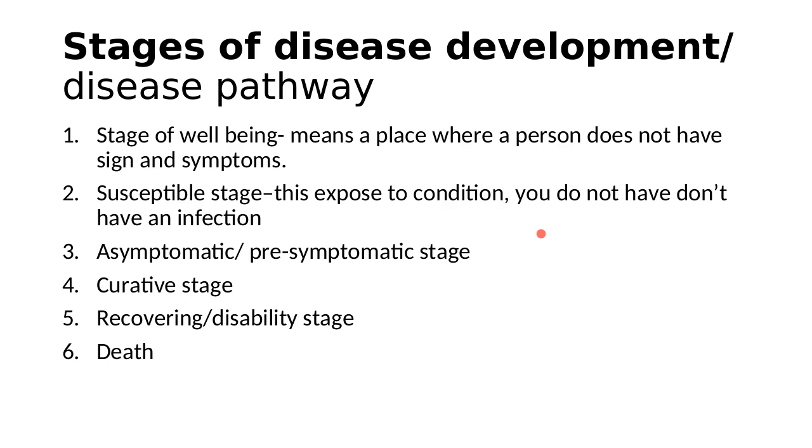For example, malaria, the first stage is when we don't have bushes around, we don't have stagnant water surrounding the place you're living. The place is clean. We don't have any condition that normally causes the existence of mosquitoes surrounding us.